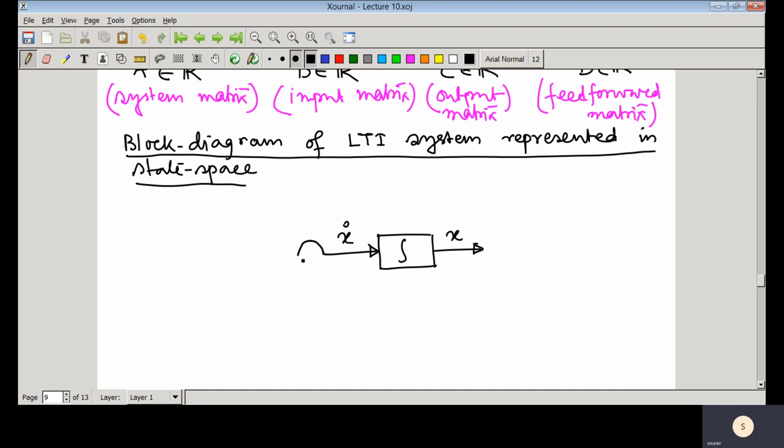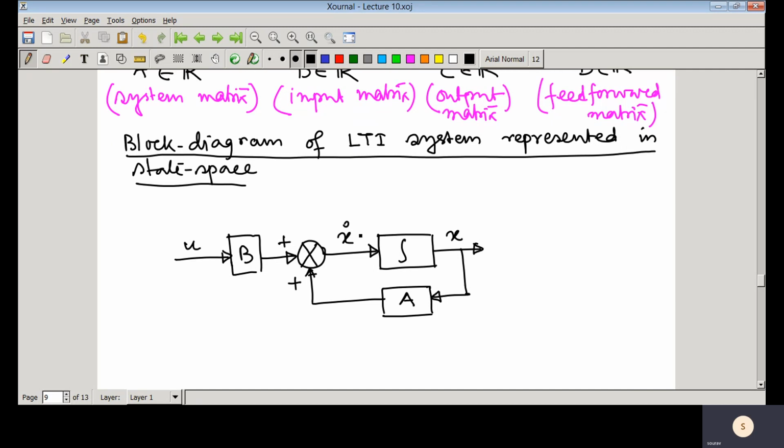So that means you need one comparator here, that is that summer, and if you multiply the state vector with that matrix A, you will get Ax here, and you have another matrix B and that input is entering, so here you have that plus. So then you can see that x dot(t) is equal to Ax plus Bu.